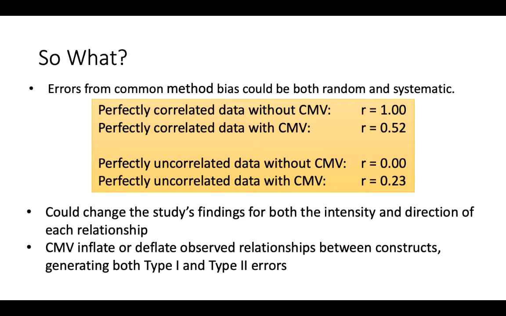If the data is uncorrelated and you don't have any biases, it's going to tell you that there's no correlation, 0.00. If you have uncorrelated data but you have common method bias, your R score will read differently. So it can change or alter your study's findings. That's why we need to address common method biases.